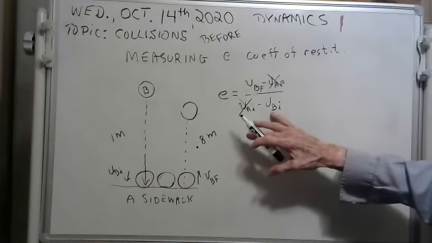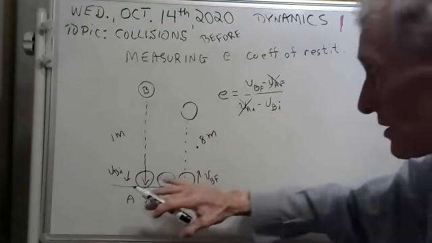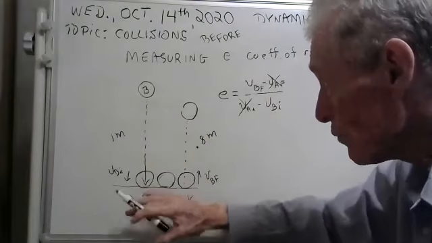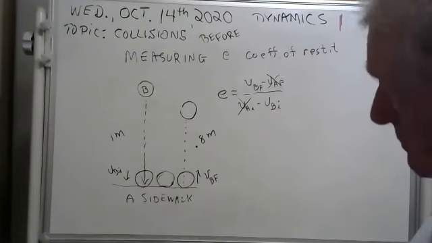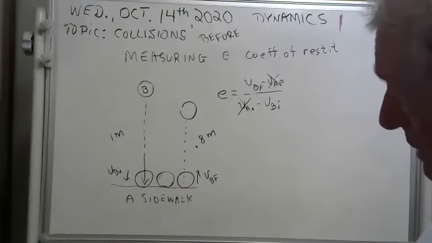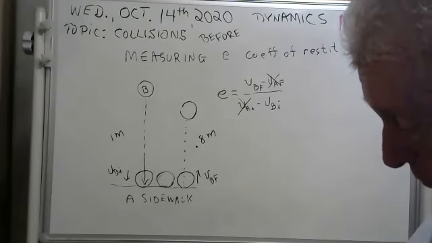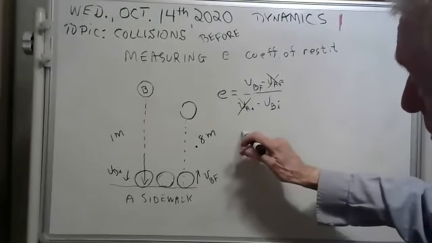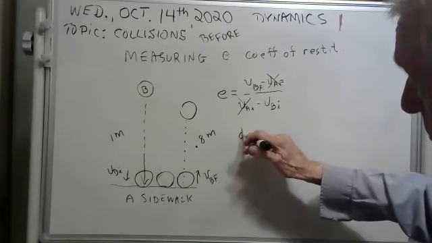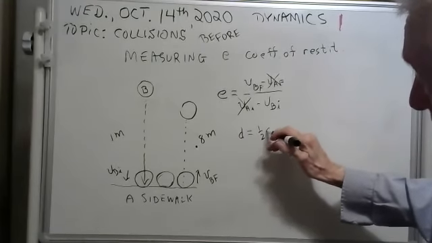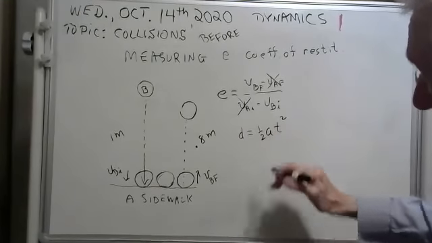Let's get this first. What is the velocity of a ball that you drop from 1 meter? I don't know what the mass is, but it doesn't matter about the mass. If you drop a ball from 1 meter, isn't there an equation that says the distance equals 1/2 at squared?